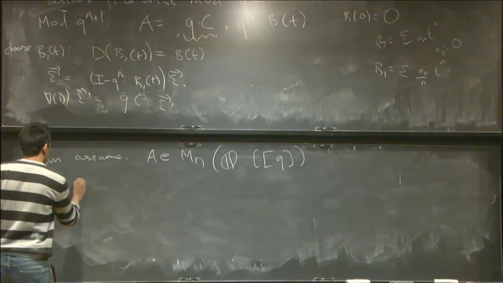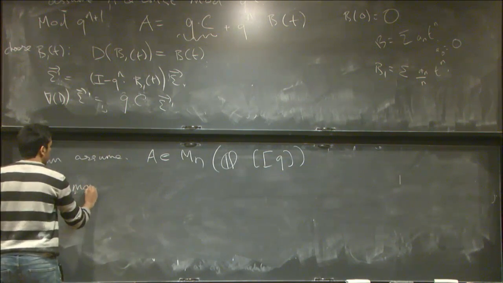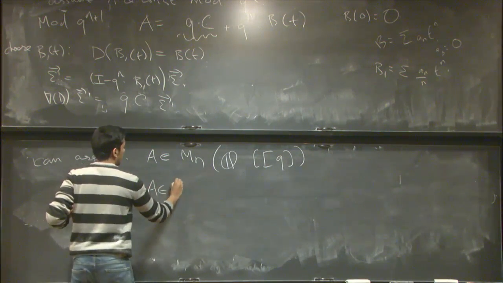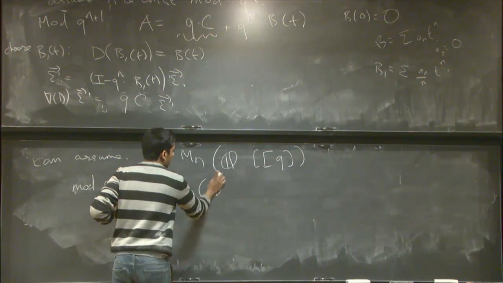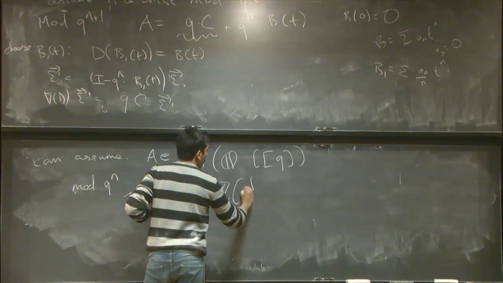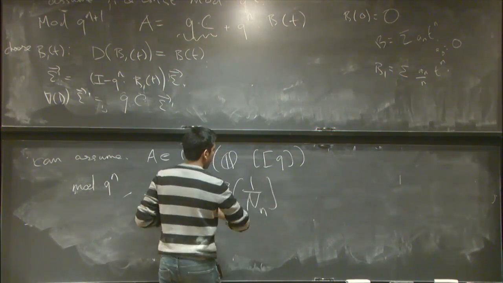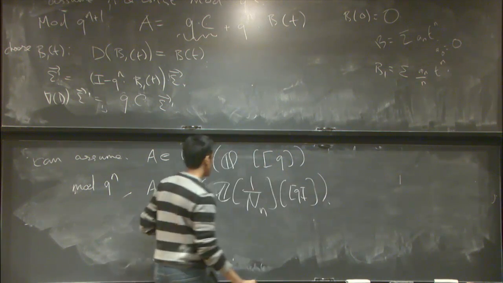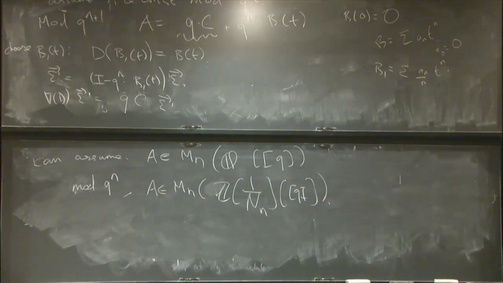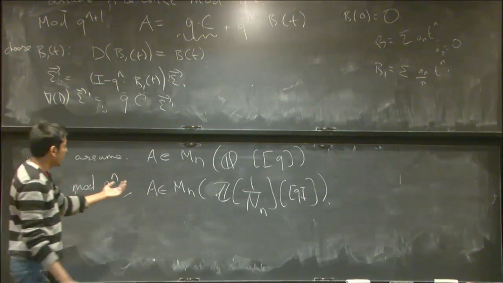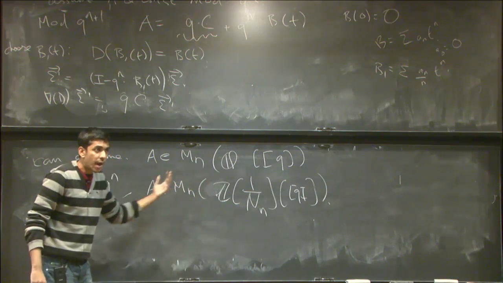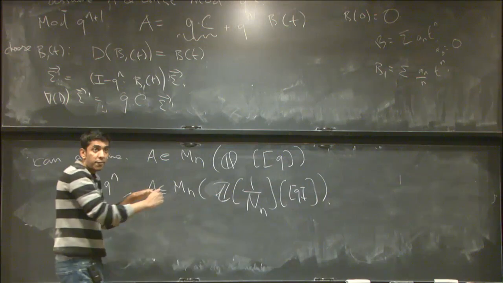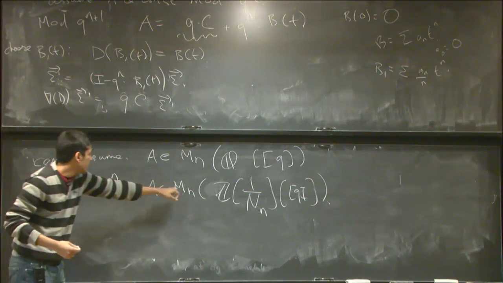But the thing is, mod q to the n, A will be in Mn of Z[1 over n!] q, because at each step you only invert finitely many primes. And so mod q to the n, not only do you have that A is going to be integral, you also have that your p-curvatures vanish for all but finitely many primes, though that finite set might grow as little n grows.